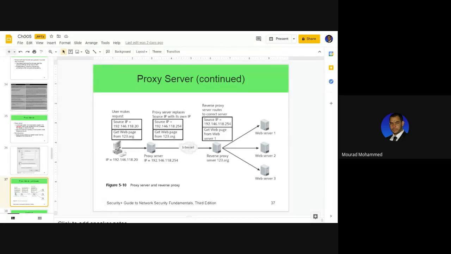We have a company, we have a node, we have a device. This is what we see on the left, 192.146.118.20. This is the IP address of this device here. This device is trying to reach, for example, server number 1 here, the service provider, web server 1. This device, 192.146.118.20, is trying to receive the service from web server 1.